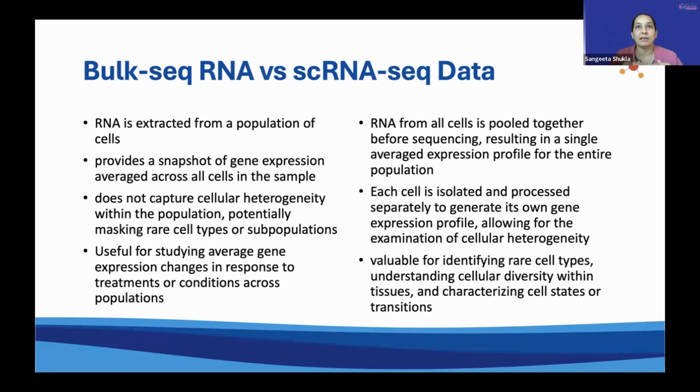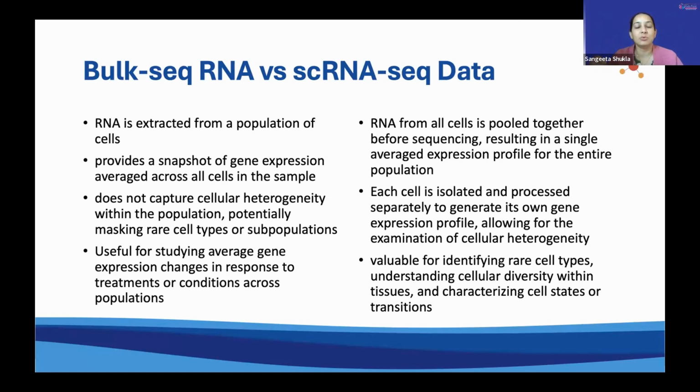So if we're talking about kidney cells, there's the kidney medulla and the kidney cortex as well. Within a population of cells, the differences in gene expression are not captured in bulk RNA-seq. But that is the kind of difference that we see with single-cell RNA-seq.